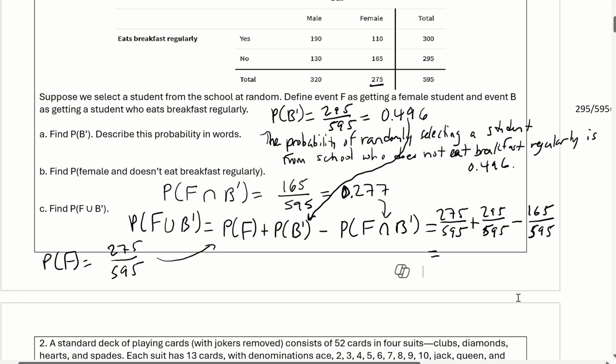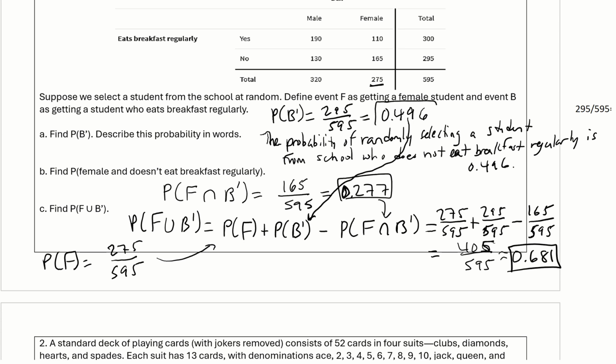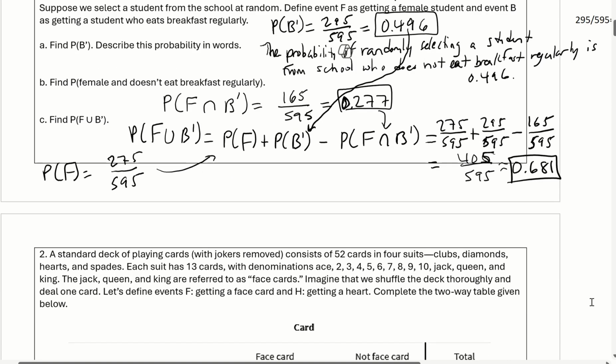We just add the numerators, so we have 405 out of 595, which is 0.681 if you round it to 3 decimals. So that's for part C, that was part B, and that was part A. All right, so that's how you do that one.